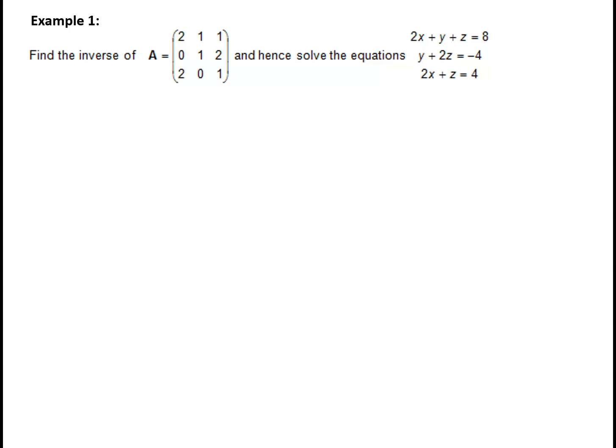Well, the first part of this question we actually did in the previous video, where we discovered that A inverse is 1/4 of 1, -1, 1, 4, 0, -4, -2, 2, 2.